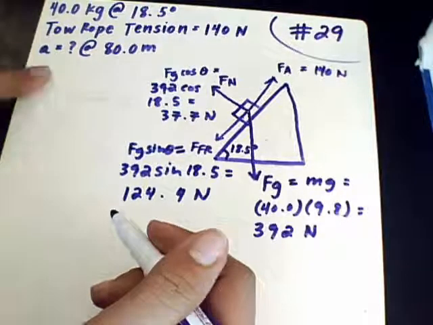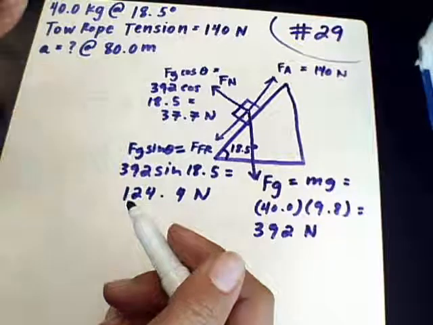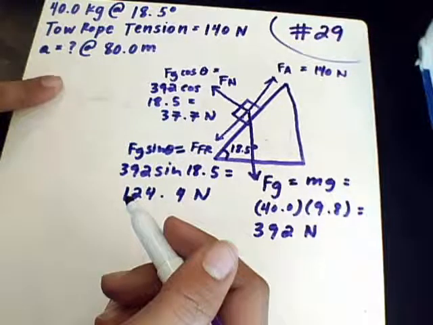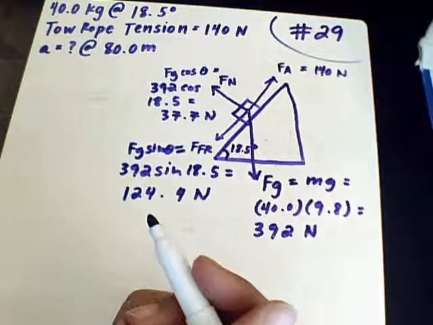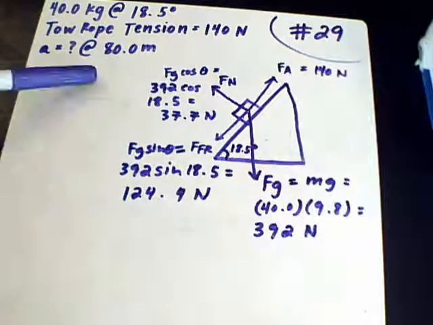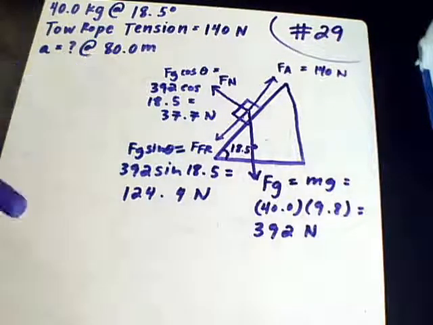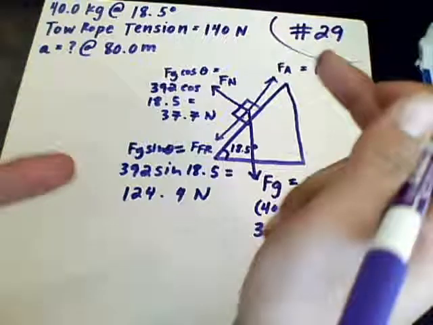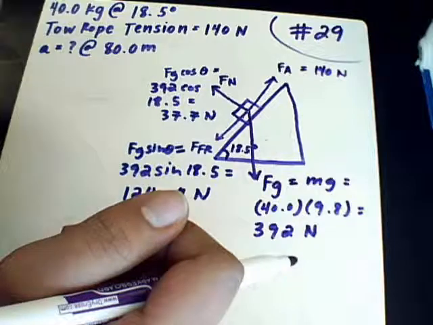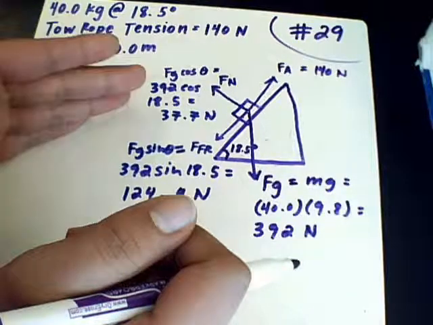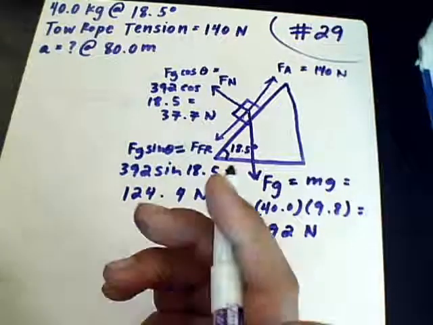So we want to find how fast it was going after moving 80.0 meters up the hill. To find the acceleration, first we need to look at our x components and take into account the force of gravity in the x direction and the force applied.